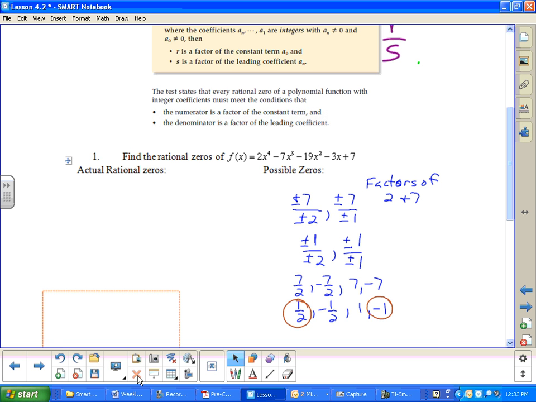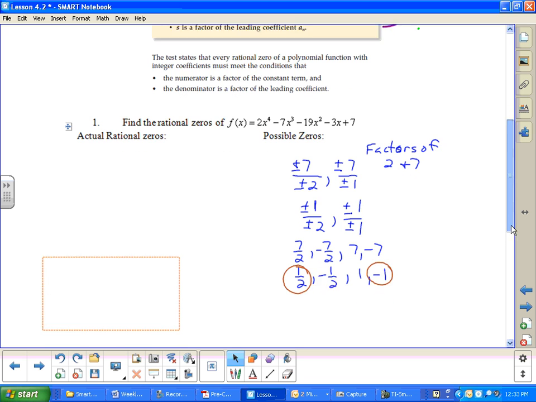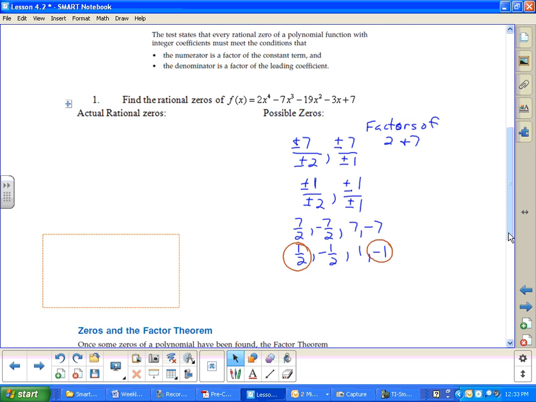And there's no reason for us not to use technology. So you can imagine that when I was in school, we had to do that. If I wanted to find the zeros, I'd have to make a list of all these possible ones that are here. You know, there are 8 different possible zeros. And so we would have to check them out to see which ones would work.